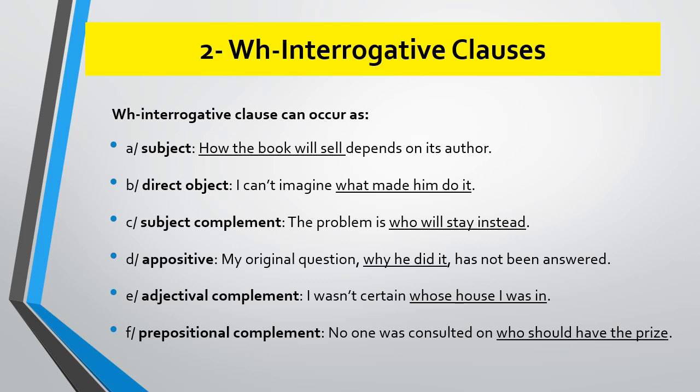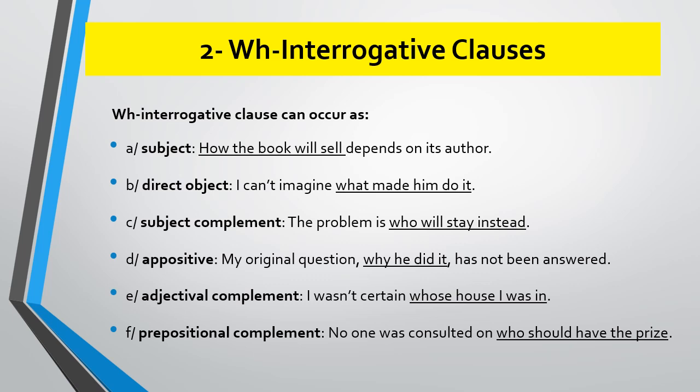Appositive اللي هو البدل, my original question, why he did it, has not been answered. So why he did it, if I ask you about the type, you say it is a WH interrogative clause, and the function, it is an appositive. Adjectival complement, I wasn't certain whose house I was in.